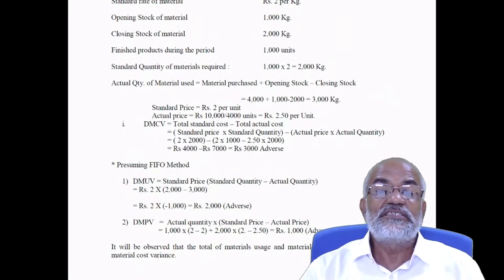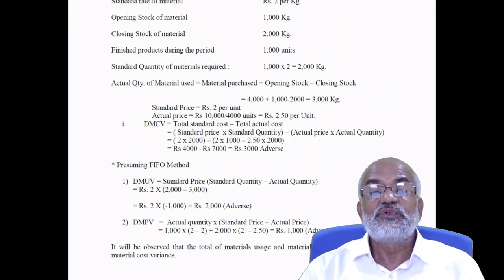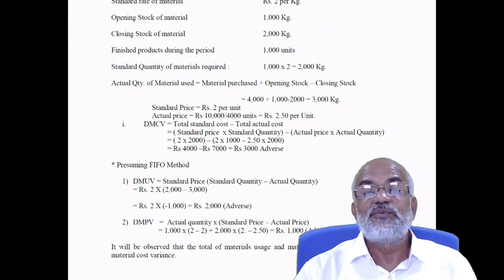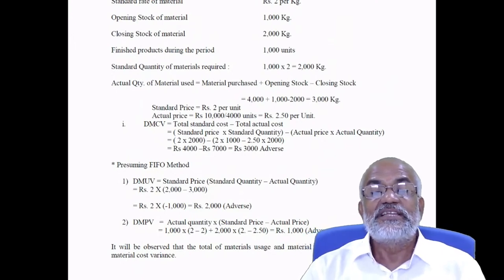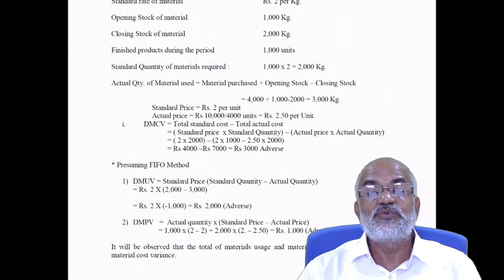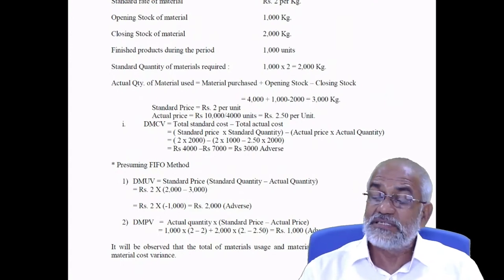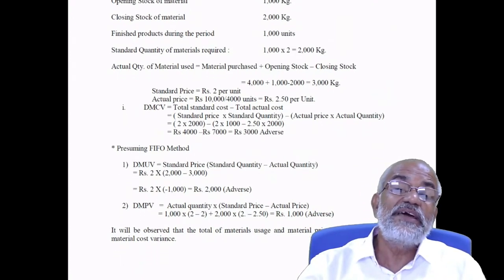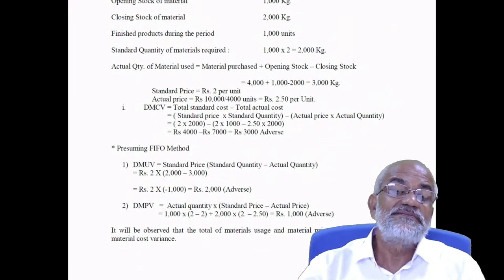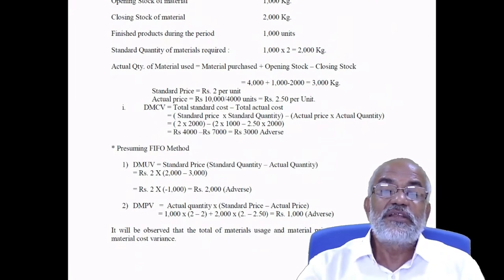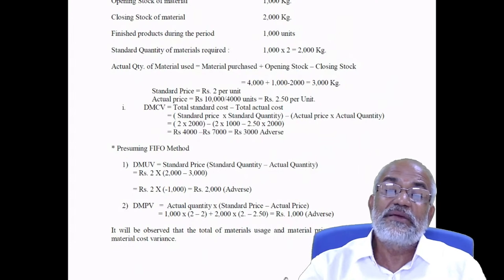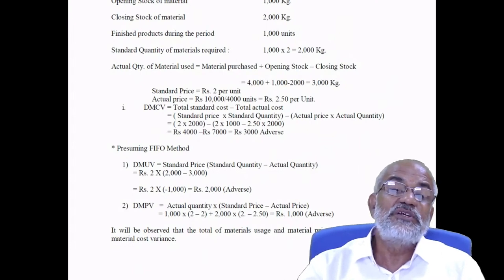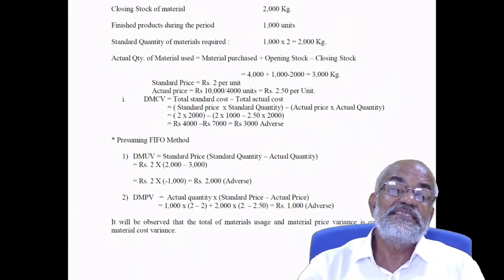So the actual quantity 1,000 into 2 rupees minus 2 rupees 50 paisa gives 1,000 adverse. So the direct material price variance is 1,000 adverse and the direct material usage variance is 2,000 adverse. It will be observed that the total material usage variance and total material price variance is equal to the material cost variance, that is 3,000.